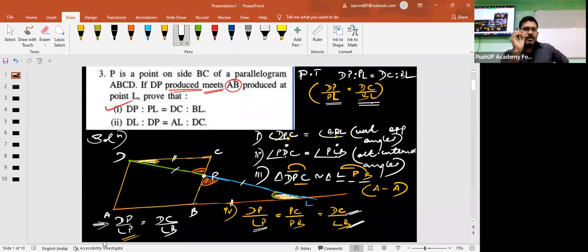Now one more you have to show: DL upon DP is equal to AL upon DC. I think we have to make use of the original figure again.